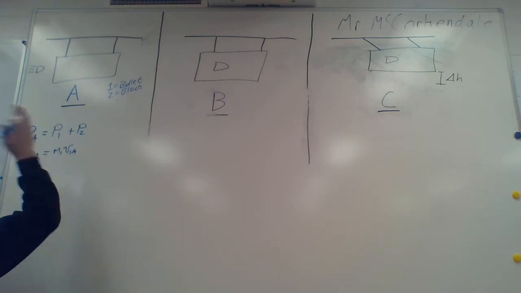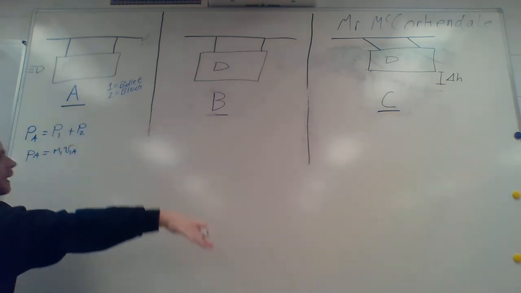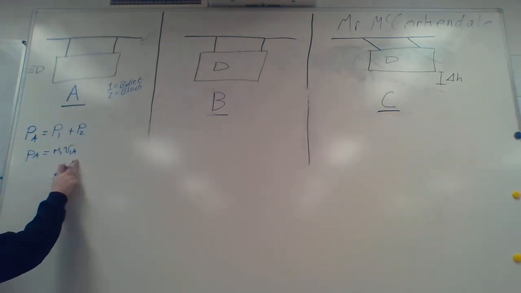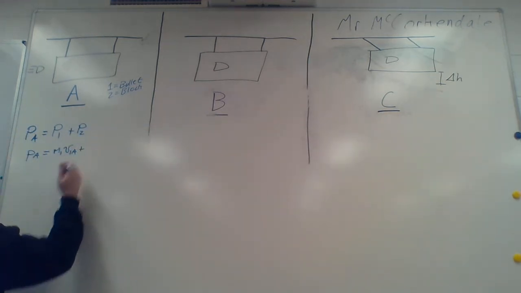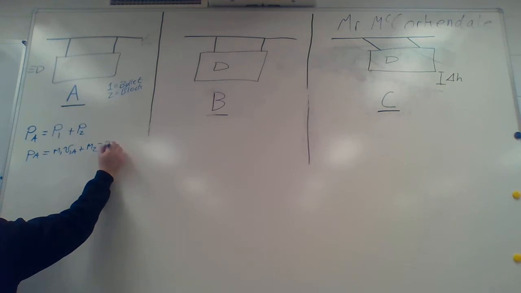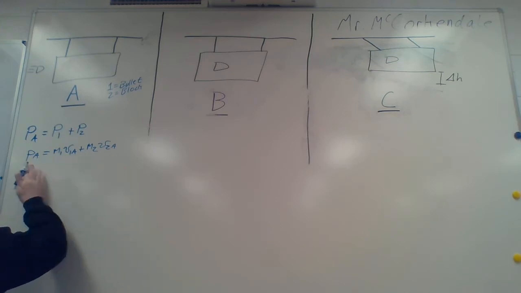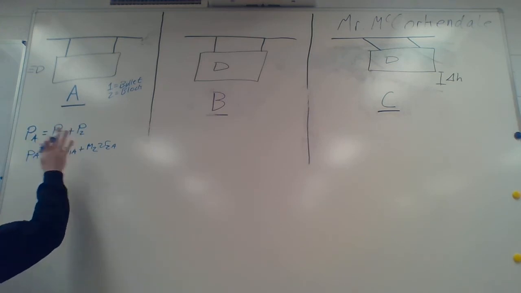It's the velocity at this instant in time, not the velocity of the bullet way down there. So at point A, plus the mass of the block times the velocity of the block at point A. That will give us the momentum at this point in time.